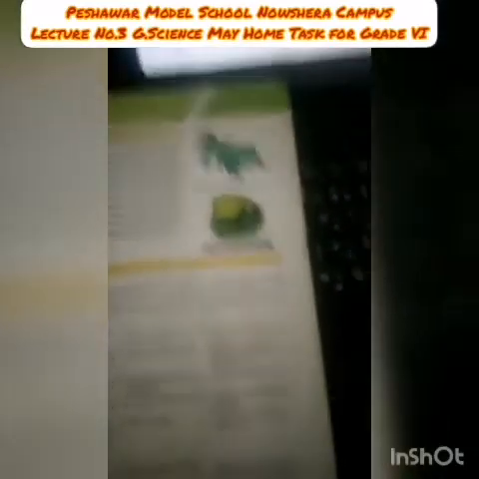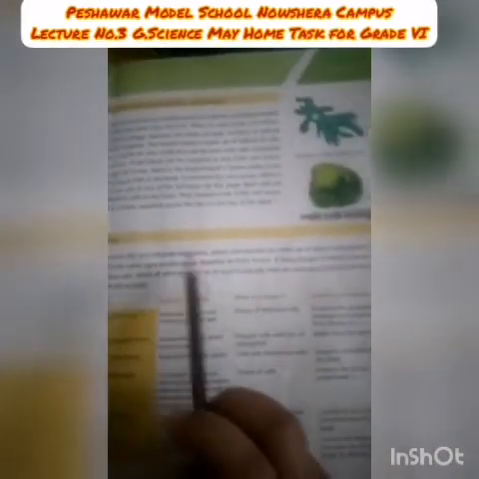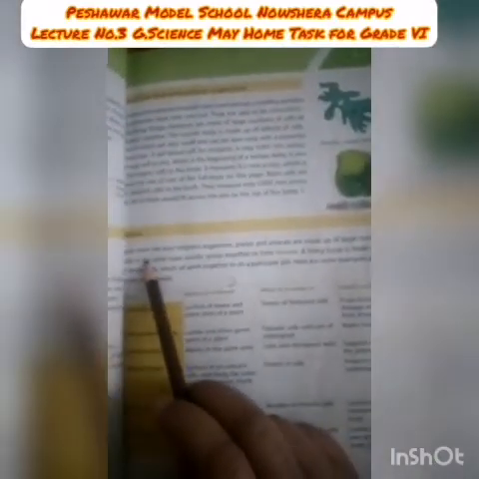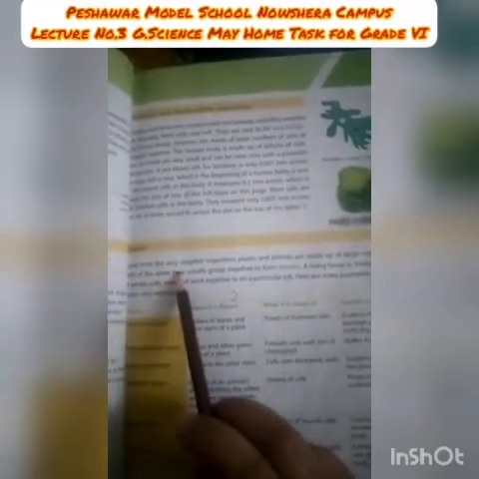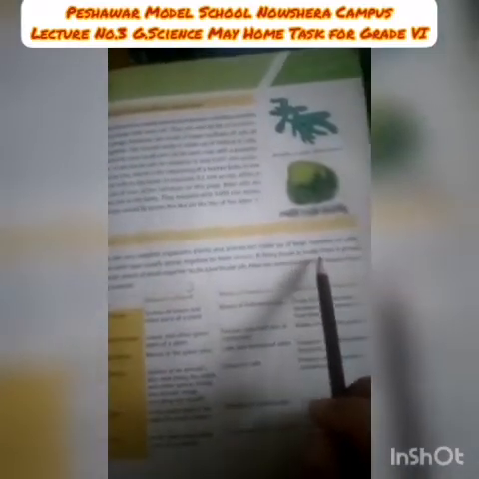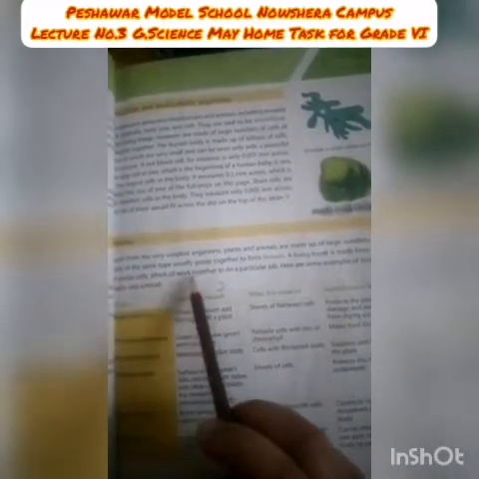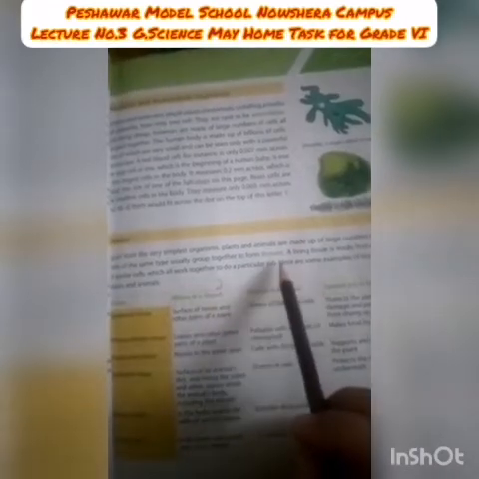You can find the answer on page number 5. Cells of the same type usually group together to form tissue. A living tissue is made from a group of similar cells which all work together to do a particular job.